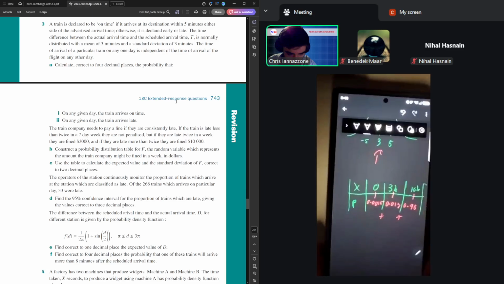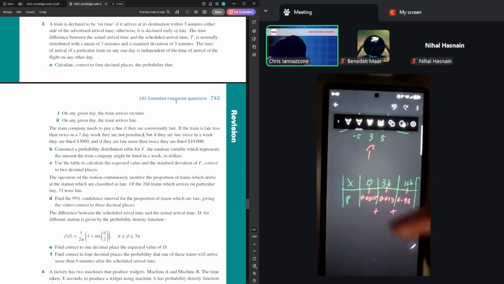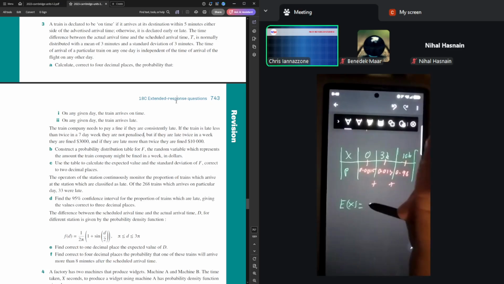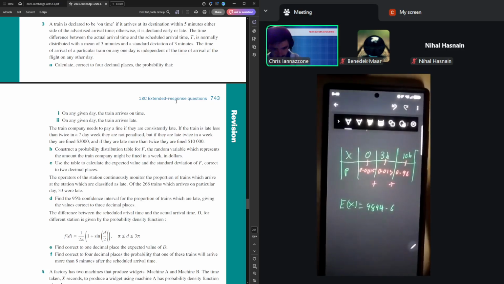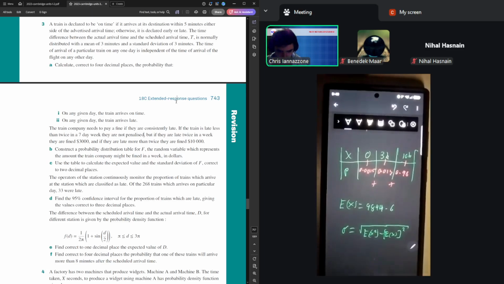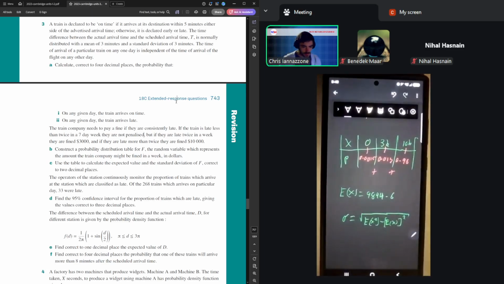From there, standard deviation, a little bit different. How do we do standard deviation for these? So it's always going to be the square root of variance, specifically E of x squared minus E of x all squared.